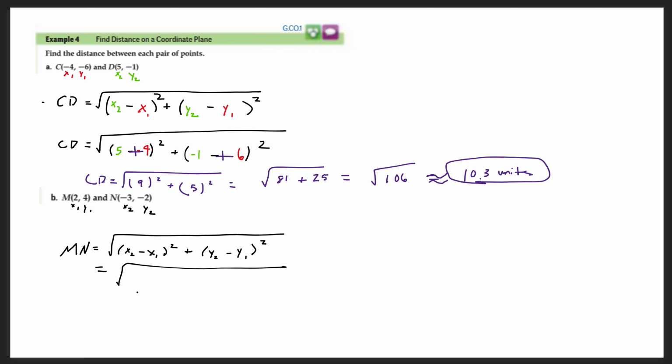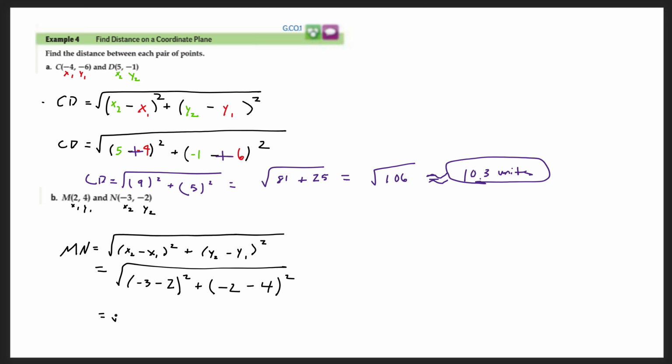The square root of x2. What did we say x2 was? Negative 3, minus x1. x1 was 2, quantity squared. Plus y2 was negative 2, minus y1 is 4, quantity squared.